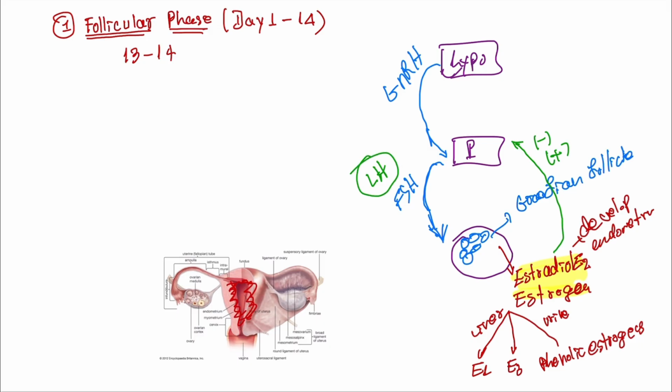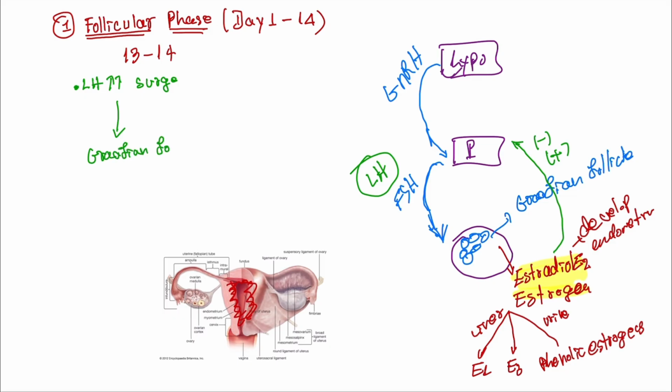So what happens with the increase of luteinizing hormone? LH is increasing, and the increase of LH we call the LH surge. It means that LH is increasing significantly, so it triggers the Graafian follicle to rupture.